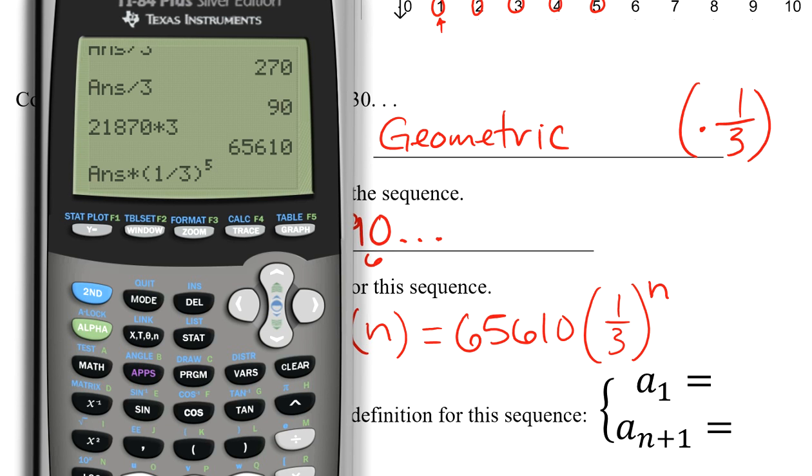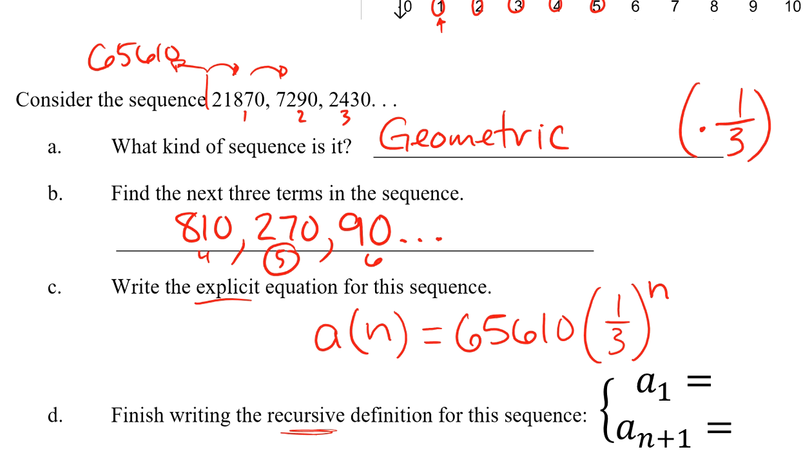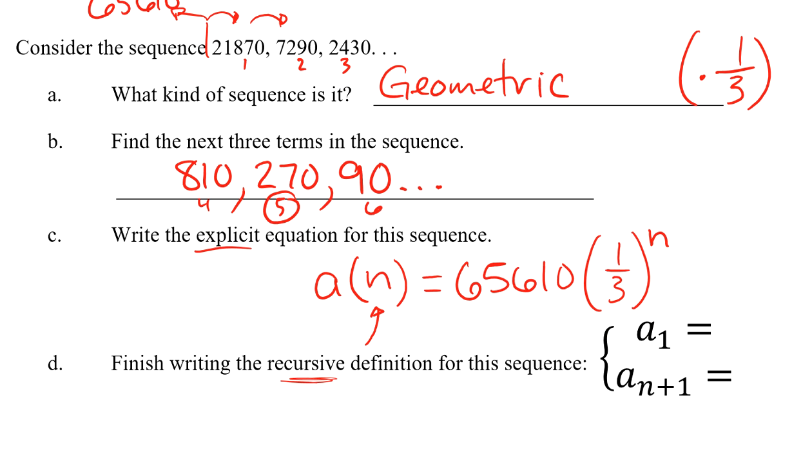And again, this should give me 270, and it does. So with this explicit equation, you tell it which term number you want. That's your input n. And once you tell it the term number, it reports back the value of that sequence at that point.